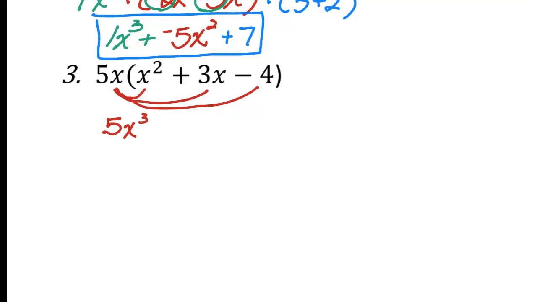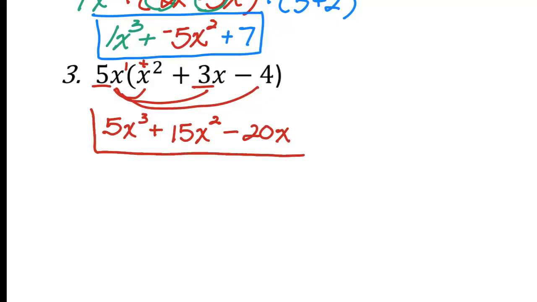To the third power. 1x plus 2 gives you a total of 3. Plus 5 times 3 is 15x to the second. Minus 5 times 4 is 20x. And this is your final answer.